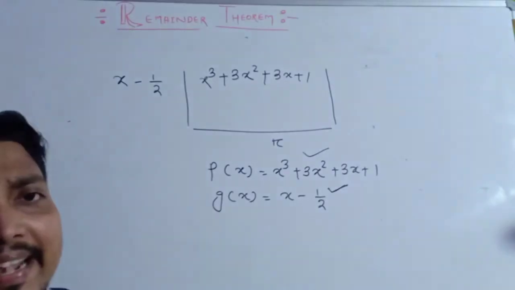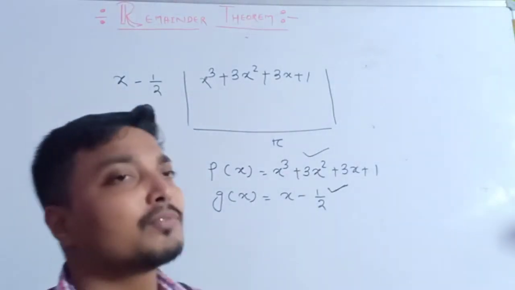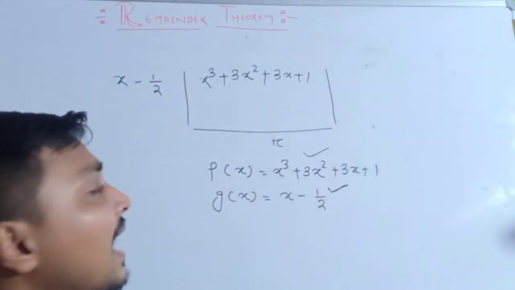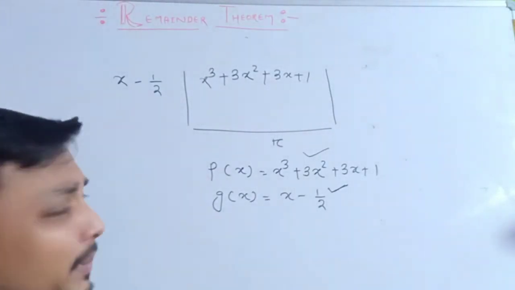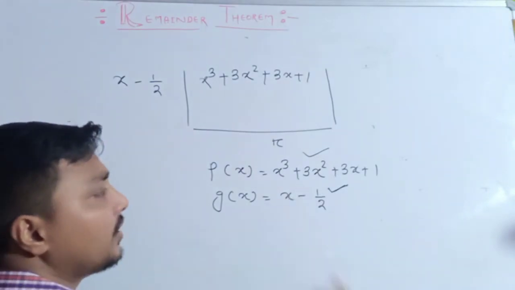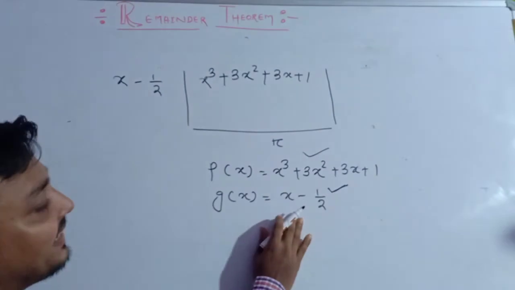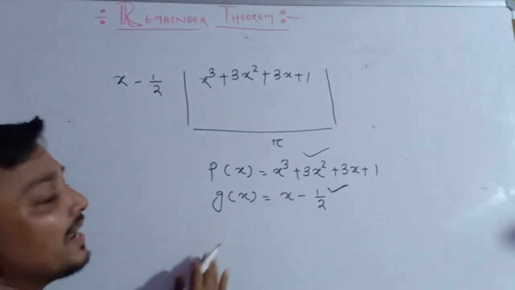Then for the second round of checkup, the formula is applied only when the divisor is a linear polynomial. See, here it is also a linear polynomial. Then you have to find the zero of the divisor.